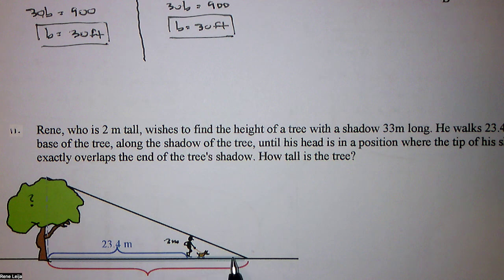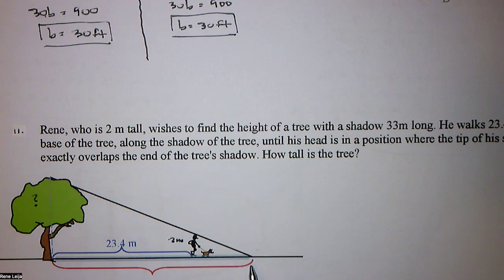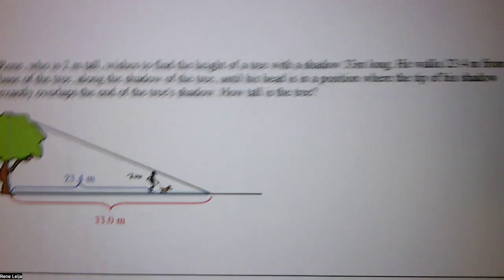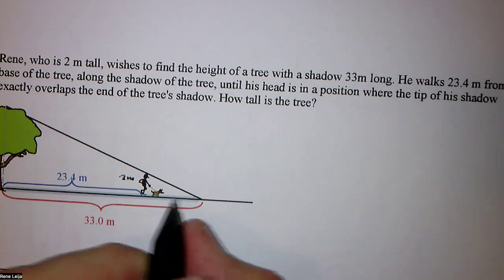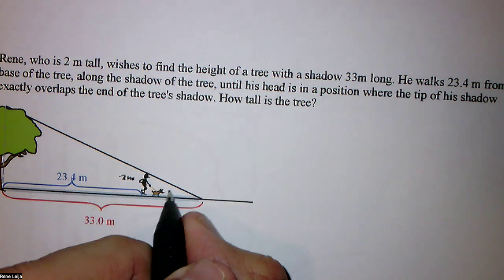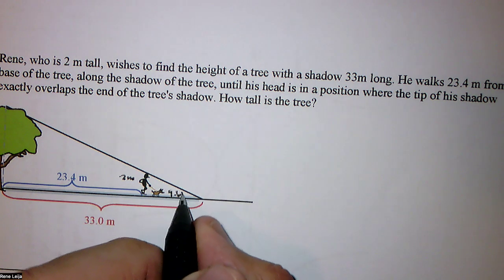I don't know this distance, but I know the entire distance is 33, and he walked 23.4 meters away. So we can figure out what's left: 33 minus 23.4 gives us 9.6 meters.